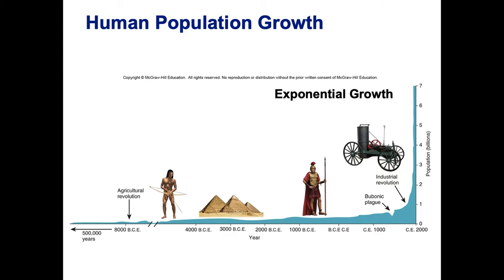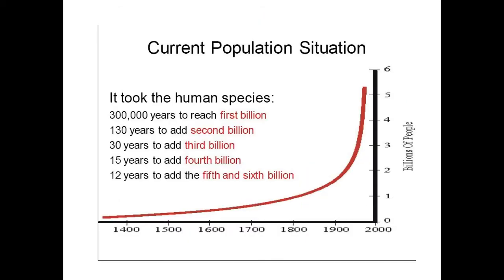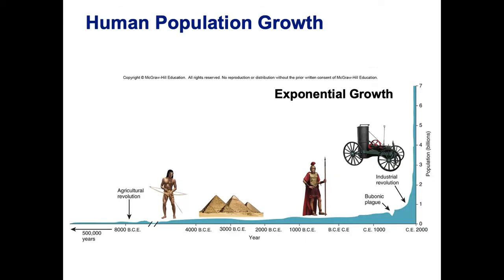You can see that we had less than 1 billion people from the dawn of humanity through some of our most well-known ancient civilizations, ancient Egyptians, ancient Romans, all the way through the Middle Ages until the Industrial Revolution.